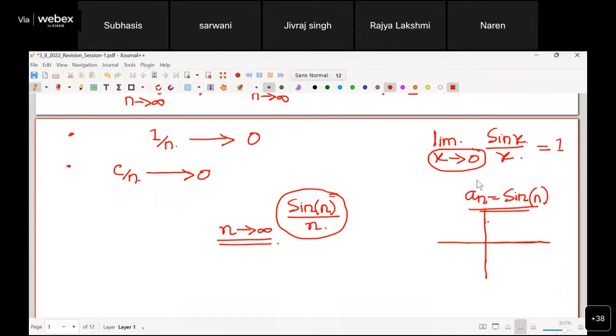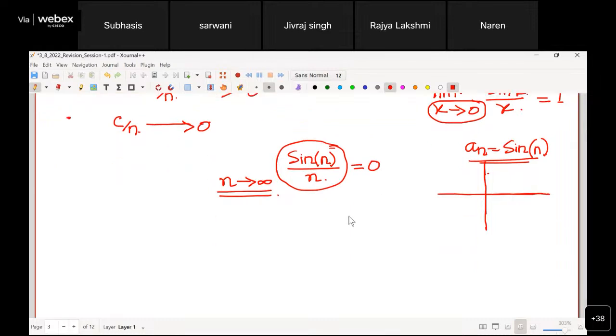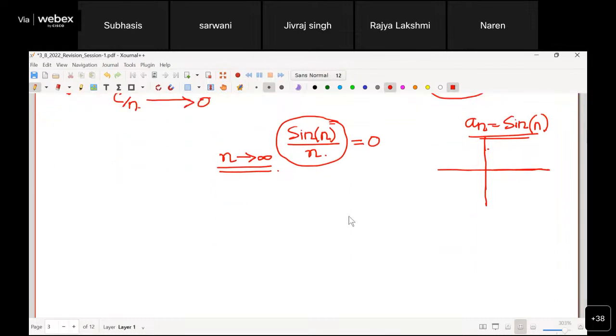Let me tell you why the limit of this sequence is 0. If you know the sandwich principle, this is more or less the same thing, as many of you said. You know that sine x is a bounded function.